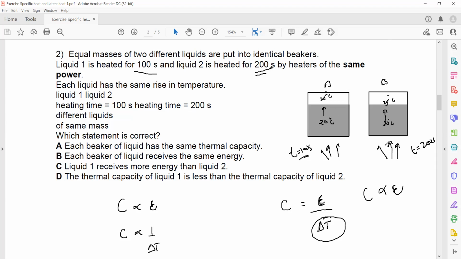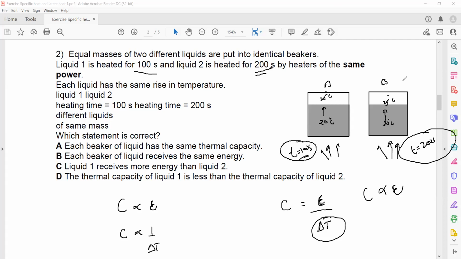Now, which beaker are we supplying more energy? Here we supply energy for 100 seconds, and here we supply energy for 200 seconds. If you are using the same heater, the heater is used to heat container A for 100 seconds and container B for 200 seconds. So for container B, we are supplying heat energy for a longer period of time.